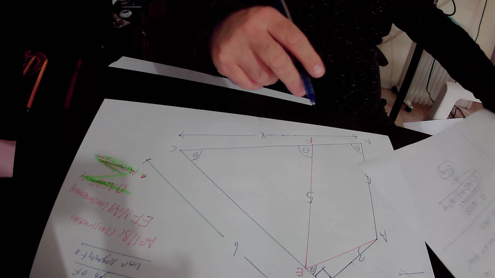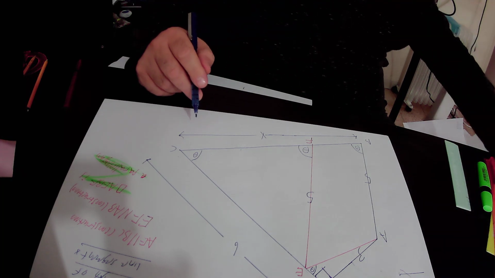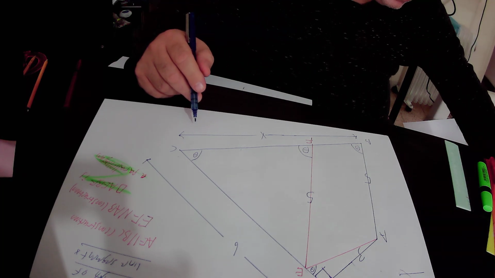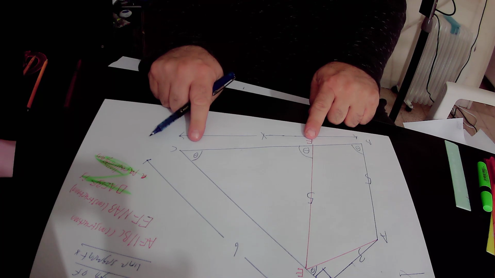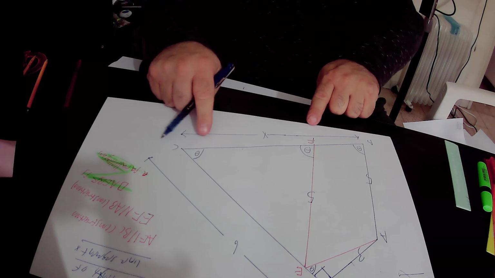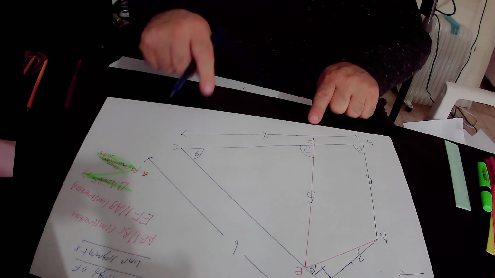In triangle EFC, we have two angles that are equal to each other, and according to rule number 1, in front of equal angles there are equal sides. That is to say, EF equals EC.